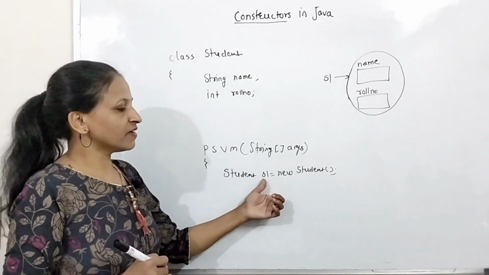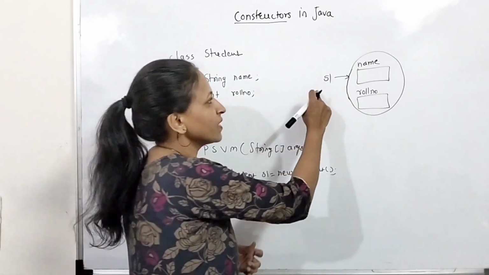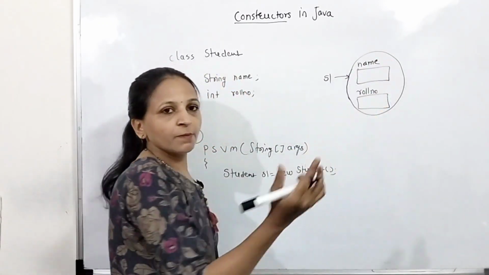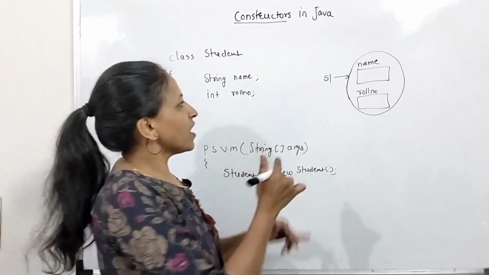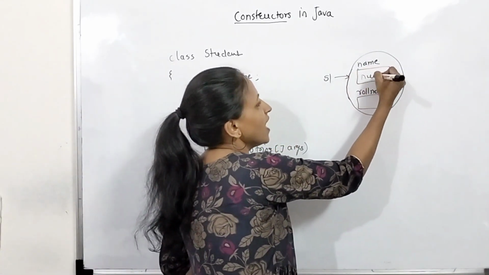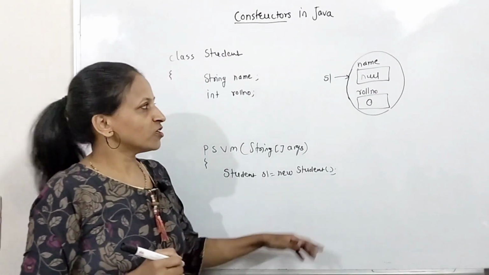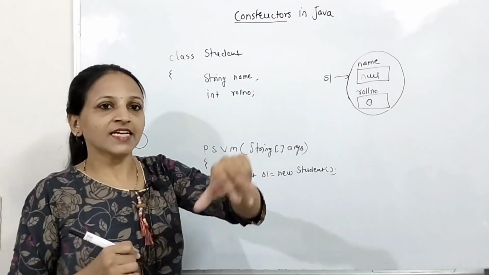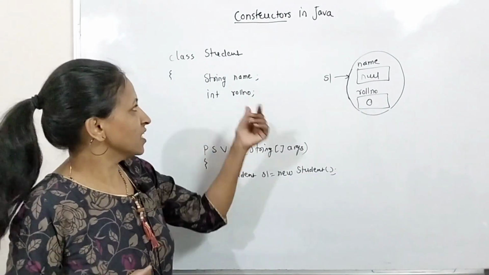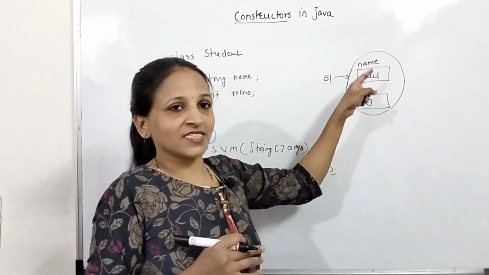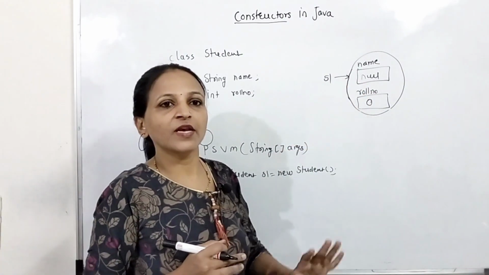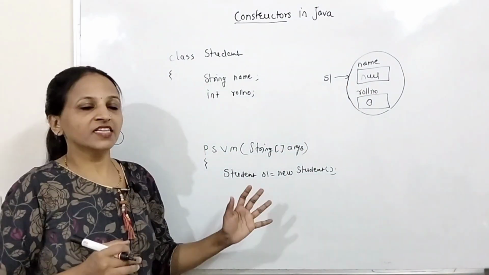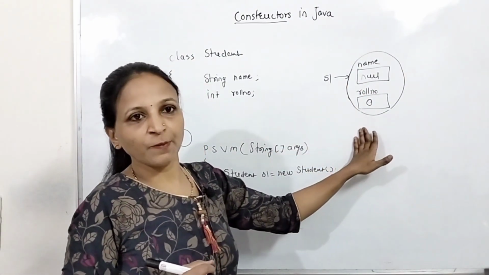That's why whenever the s1 object is created inside memory, it will have a name and roll number, and name will have the value null and roll number will have the value 0, because one is of type string and the other is of type integer. All basic data types have this type of value. String is a class. For objects, the initial value will always be null. Getting? In this way, the object will be created inside memory.